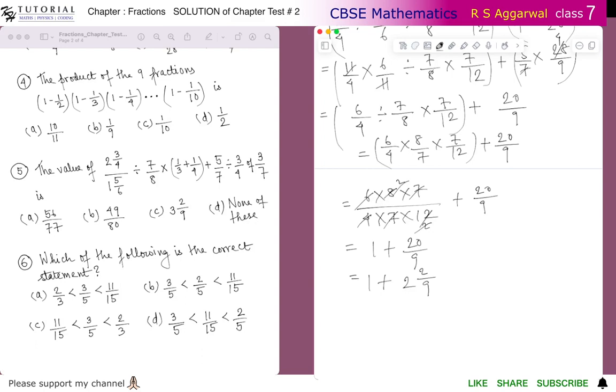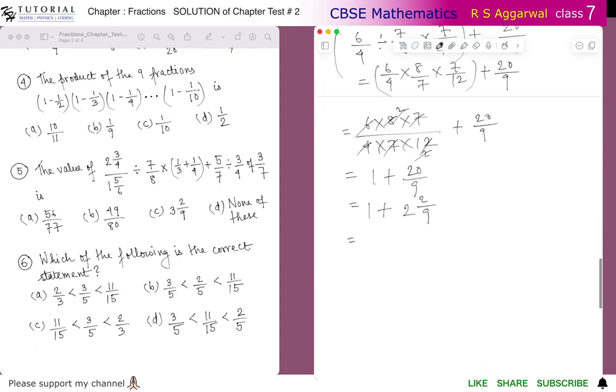So we have 1 plus 2 by 9, but you must know that a mixed fraction a b by c is basically a plus b by c, where b by c is a proper fraction. So we can write the mixed fraction 2 2 by 9 as 2 plus 2 by 9.